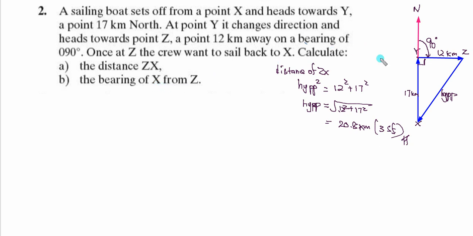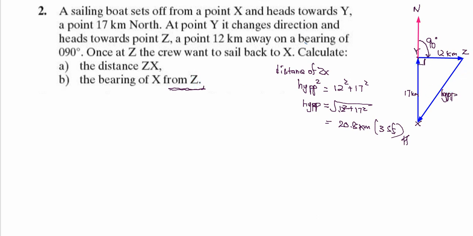Now, the bearing of X from Z. To find the bearing of X from Z, we're going to calculate the bearing from the point Z. How do you calculate that?